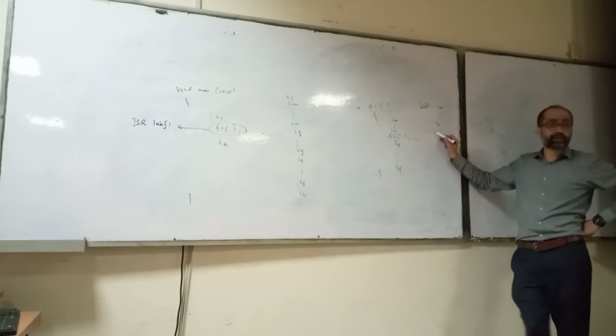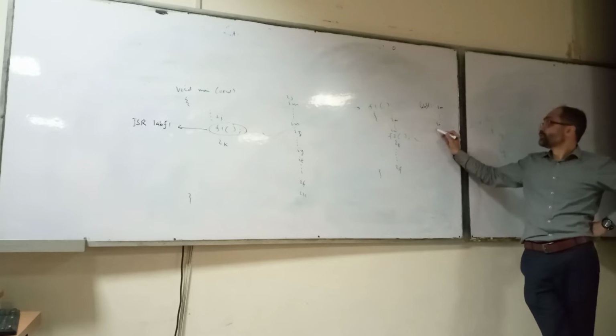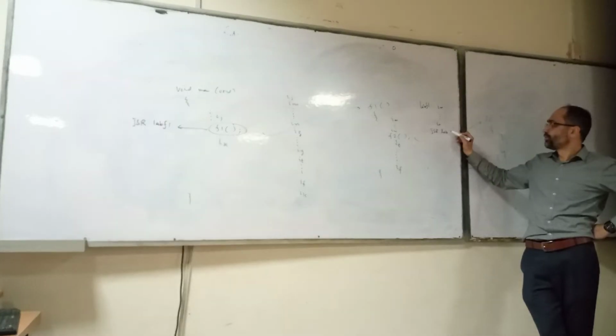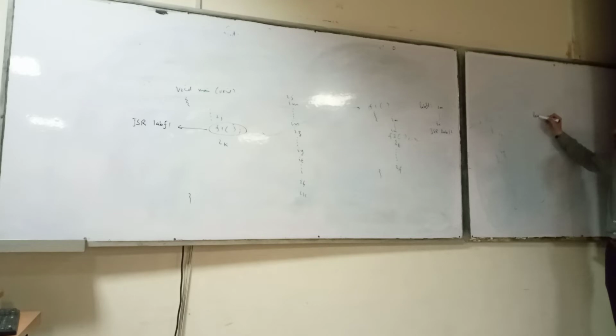Which instruction will be here now? JSR, very good. JSR, label of f2. Label of f2 is an address, and the first instruction is iz. So label of f2 is the address of the first instruction in function f2, which is iz.